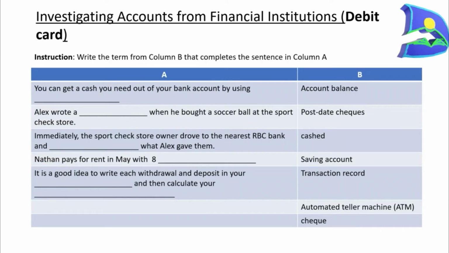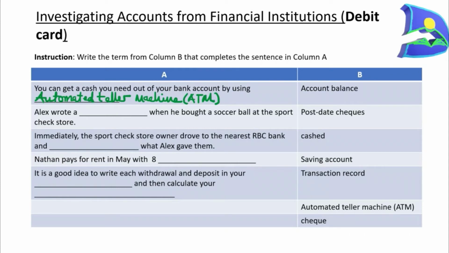So column B tells us that there are terms that match with the various blanks in column A. So looking at column A, the first question says that you can get the cash you need out of your bank account by using one of those in column B. Looking at column B, you should recognize that yes, it has to be done through an automated teller machine, and this ATM will be used for you to get your cash back quickly and avoid going to the teller directly and getting the money in cash.